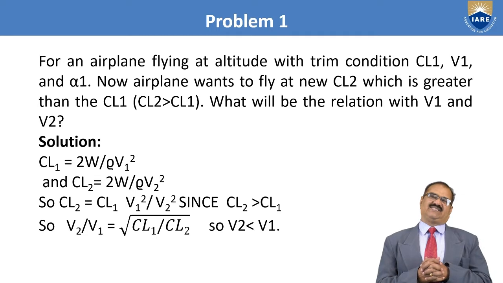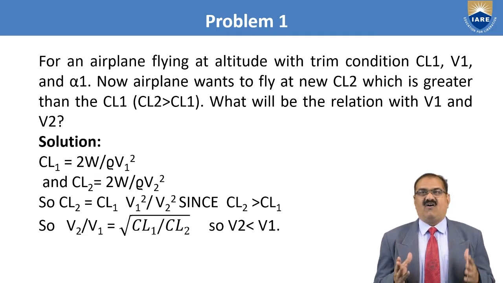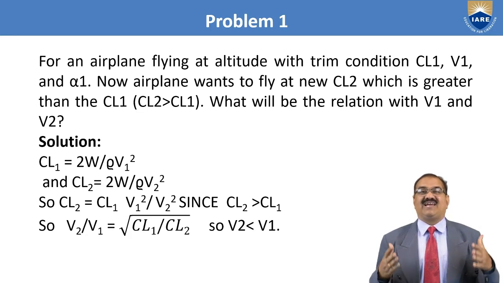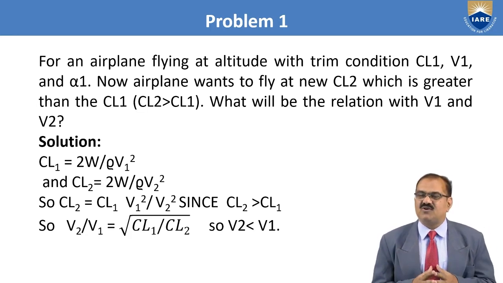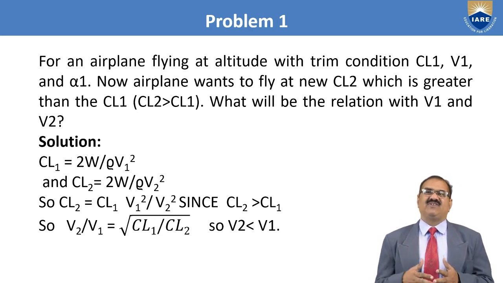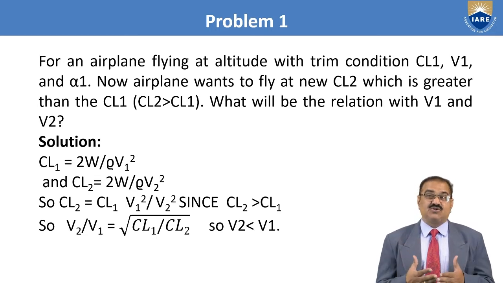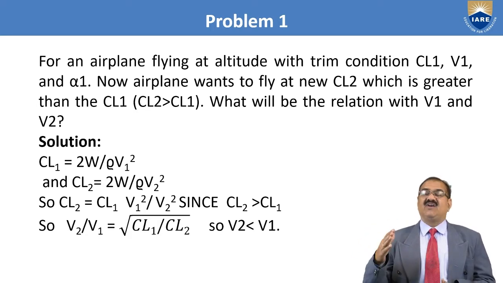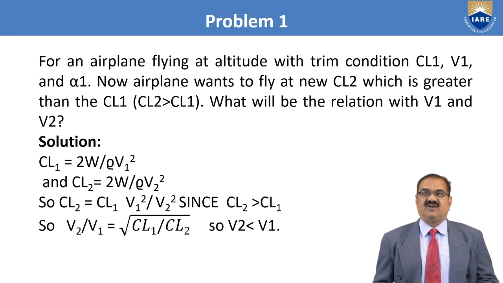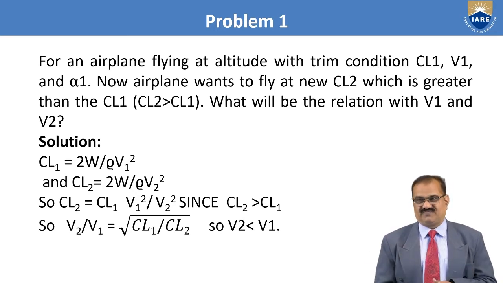So here CL1 of the first aircraft is given, the velocity of the first aircraft is given, and it is flying at some angle of attack alpha 1, which is also given. Another aircraft, aircraft number 2, has coefficient of lift CL2. This CL2 is greater than CL1, means the second aircraft is flying with a higher coefficient of lift. The question is, what will be the relation between the two velocities, velocity 1 and velocity 2?